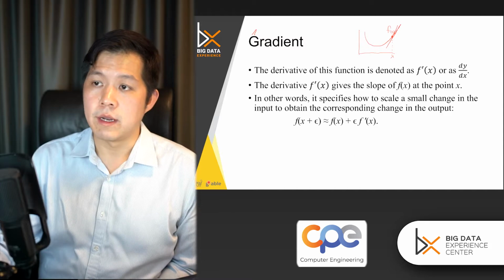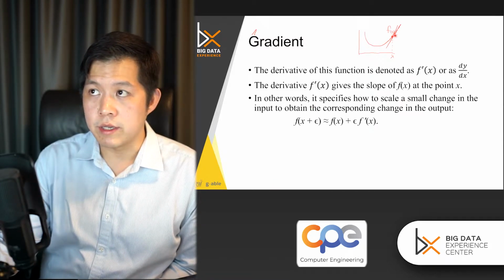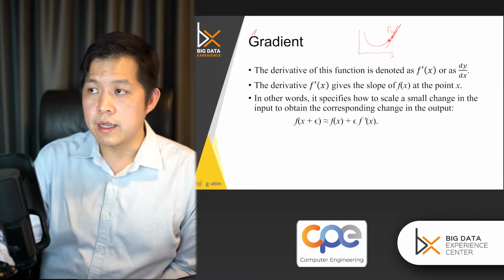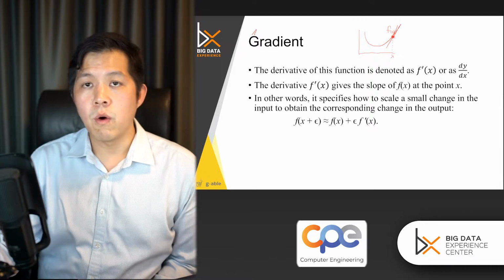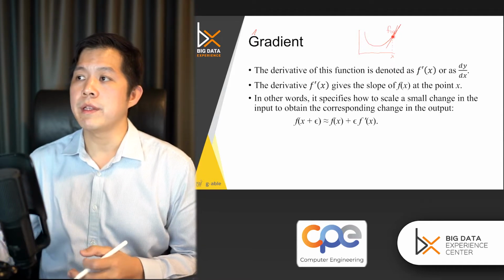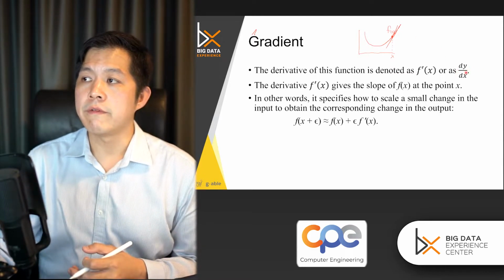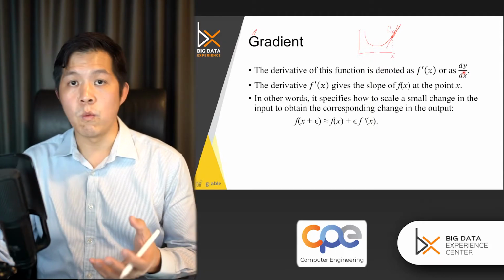In other words, we could specify this small change or this gradient as corresponding to something like this, because the prime here indicates what would happen if you make a very small change. This would be the rate of change of the values if the difference is, say, 1.